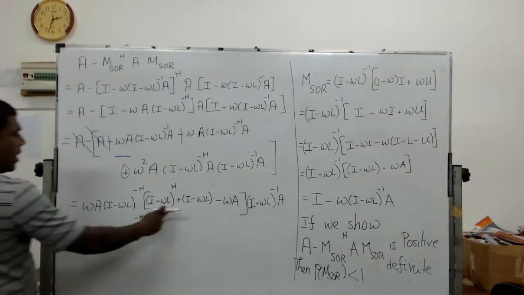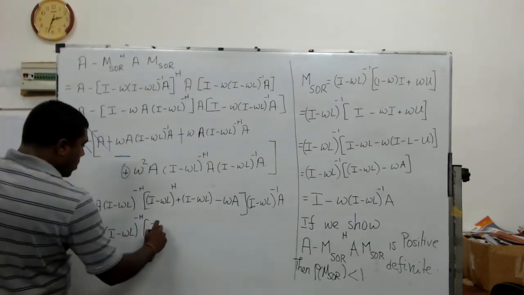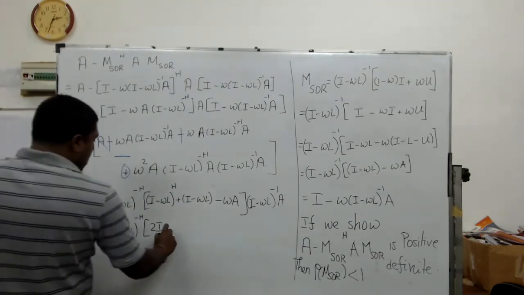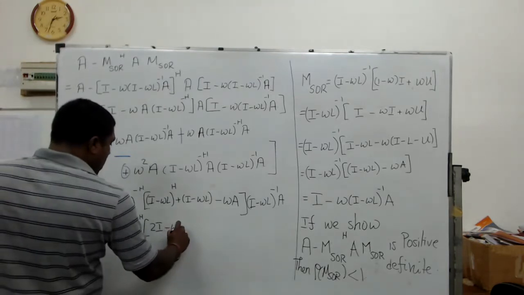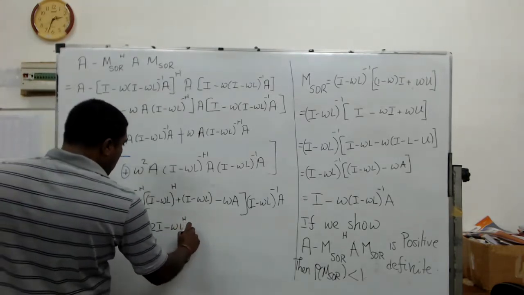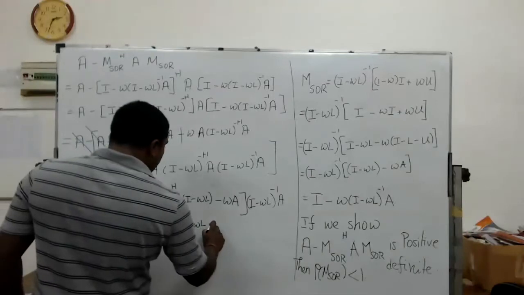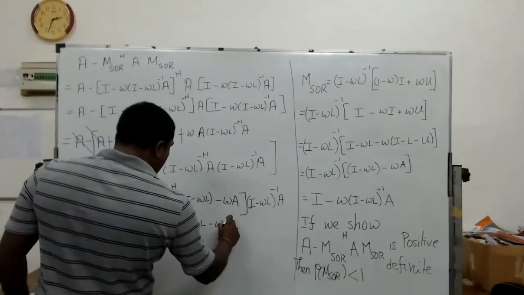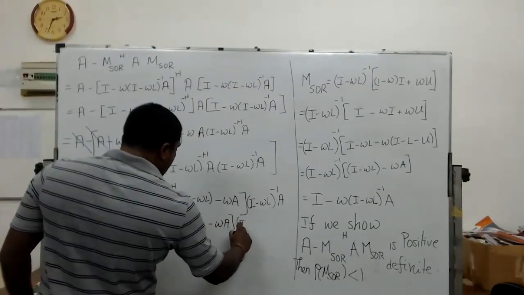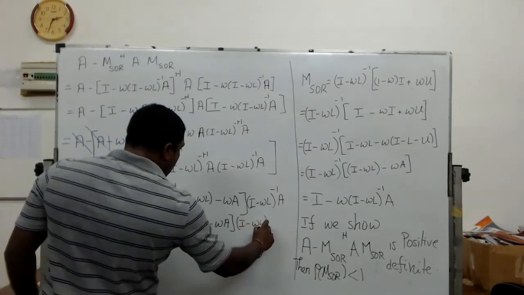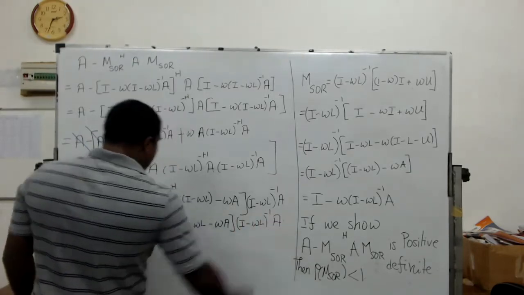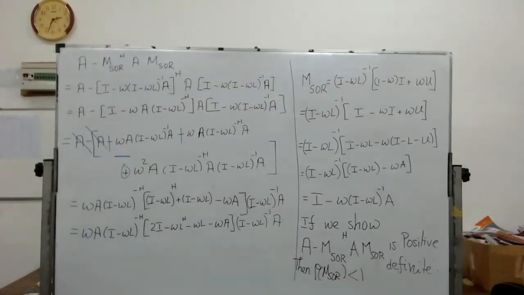There is an I plus I, so there is 2I minus omega L Hermitian minus omega L minus omega A times (I minus omega L) inverse A. Right.